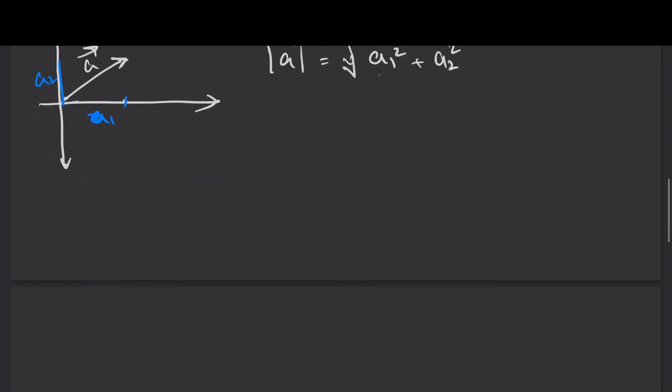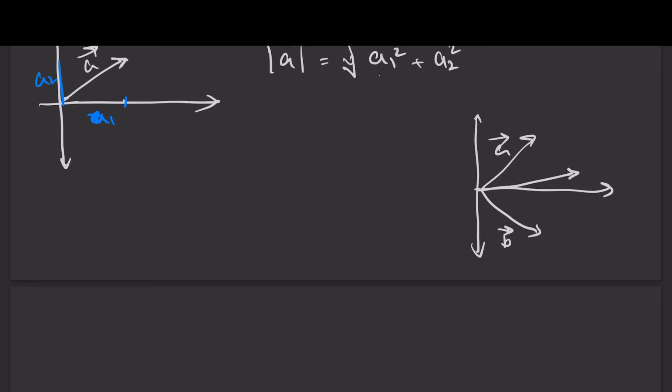If we have two vectors, we can add them and we will have a resultant vector. For example, if we have an a vector in this direction and a b vector in this direction, on adding, we will get a vector like c vector in this direction.